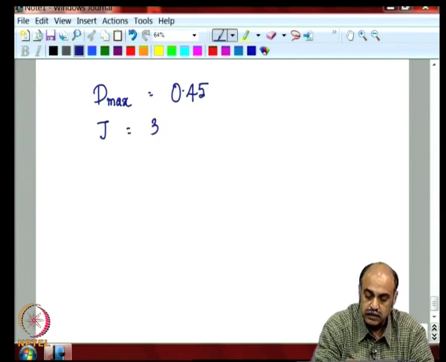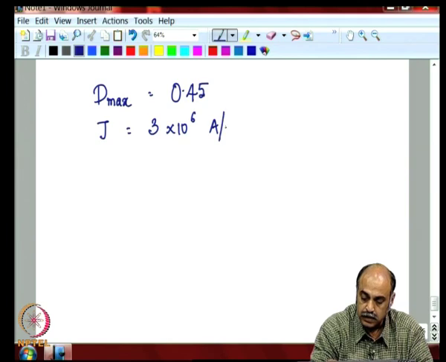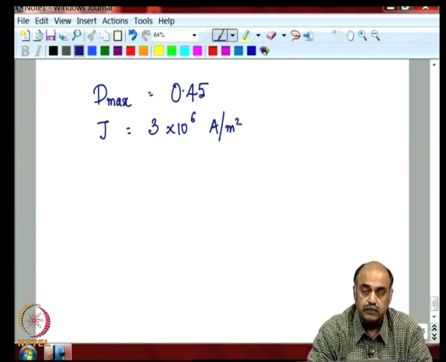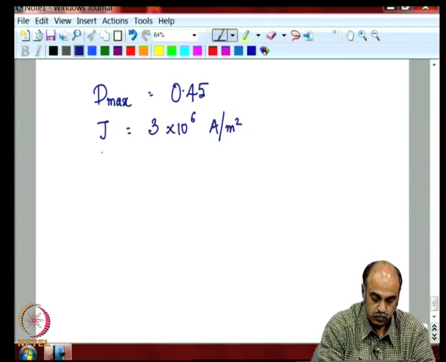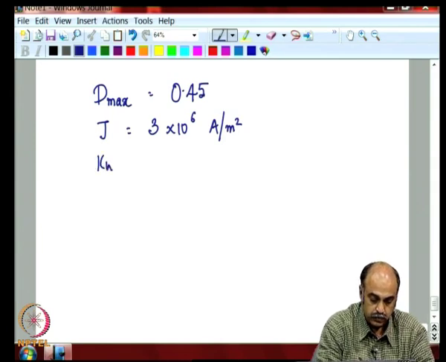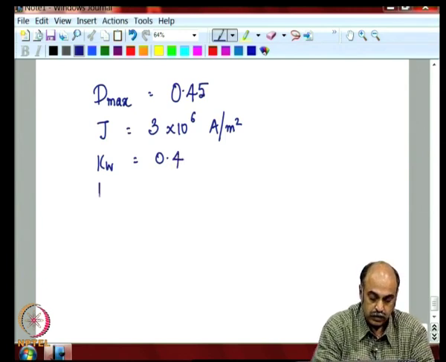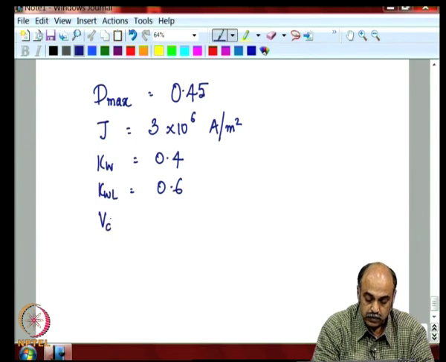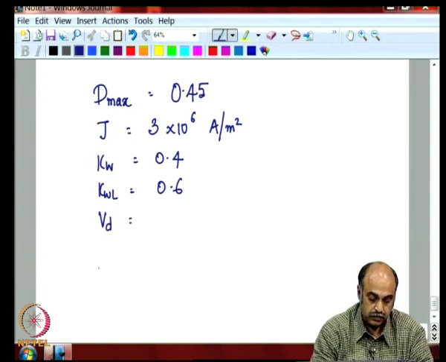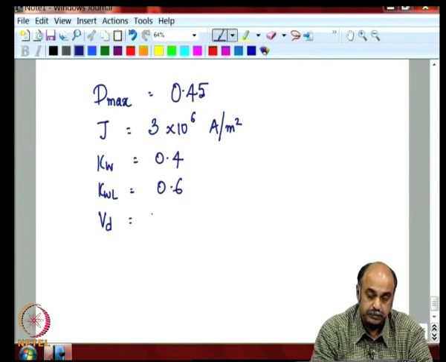And the current density, as we have discussed just now, is around 3 into 10 power 6 ampere per meter square, kW of around 0.4 if it is transformer, and kW for the inductor 0.6, and the diode drops for purposes of calculation for rating.